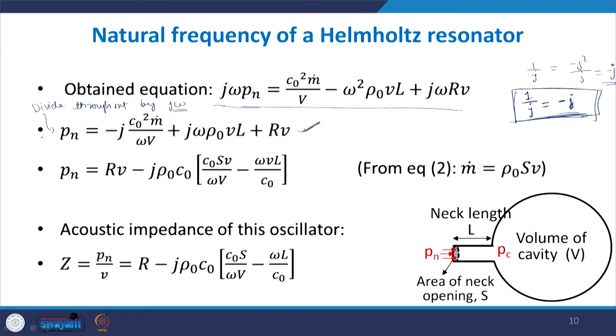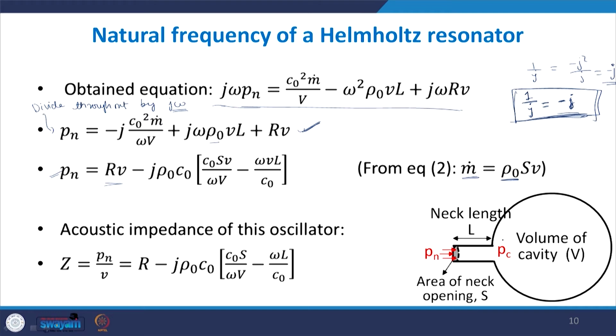Now, let us separate the real part and the complex part. So, when we separate the real part and the complex part together, we take this quantity as common, rho naught into C naught. Now m dot, the total rate of flow of mass, can be written as the mean density into the surface area through which it is entering.